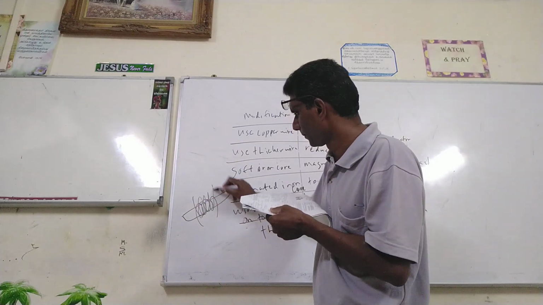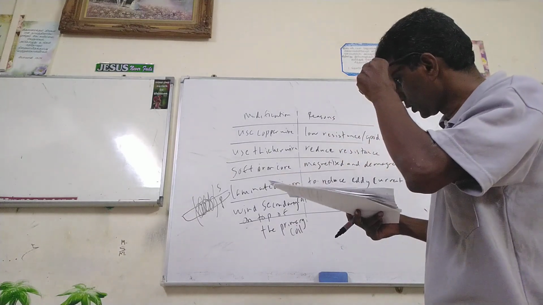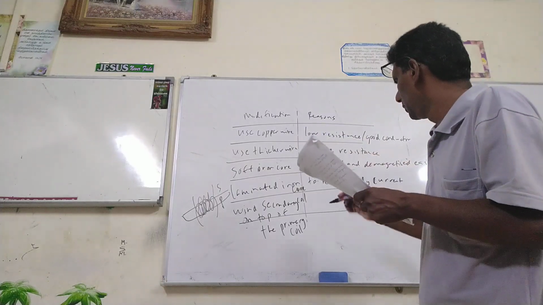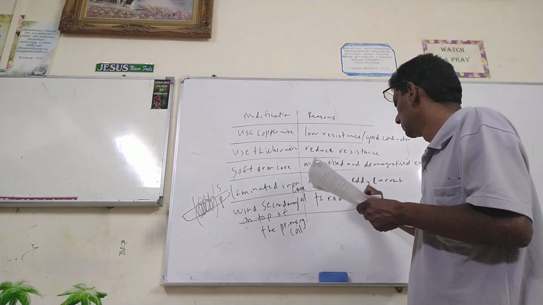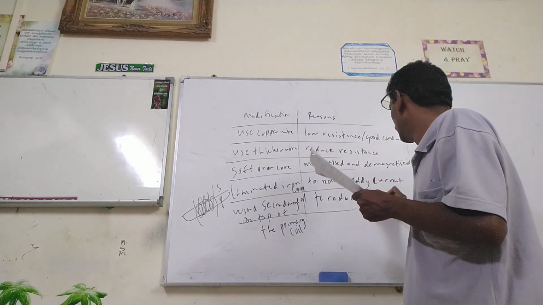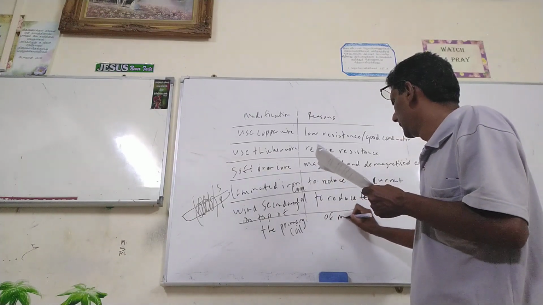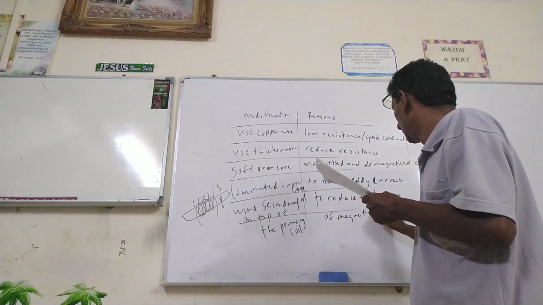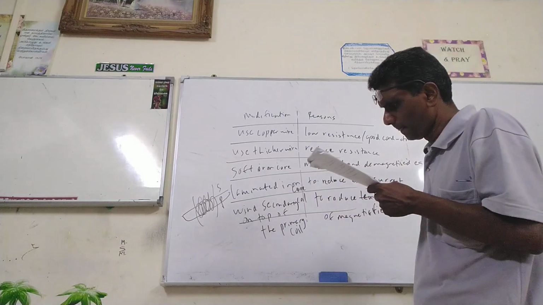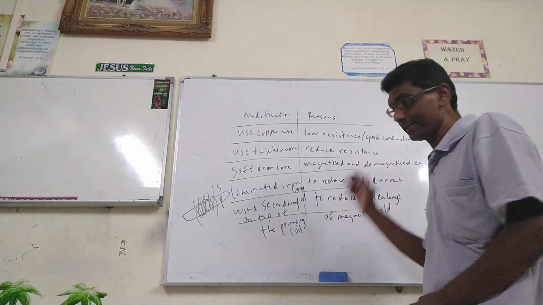So the primary coil and secondary coil are together, with the secondary coil on top of the primary coil, to reduce leakage of magnetic field. Okay, that's it, the 5 characteristics.